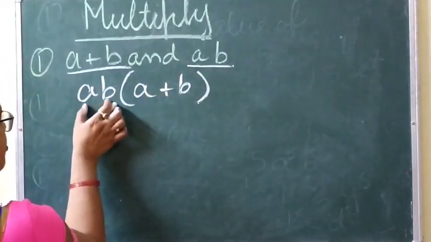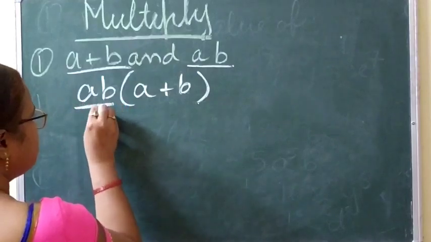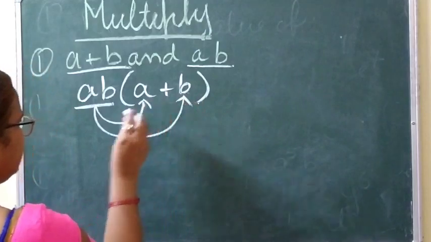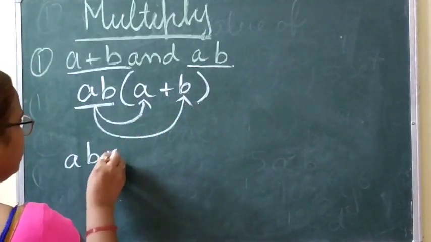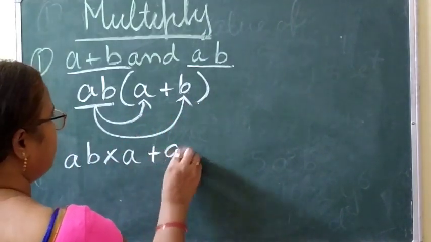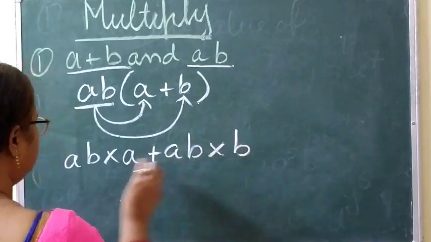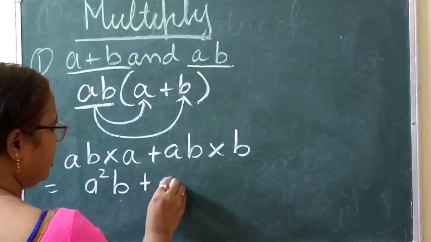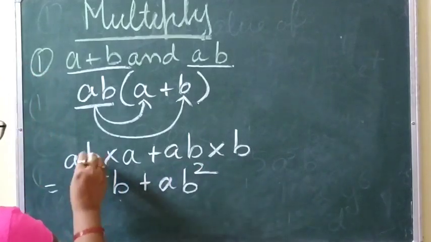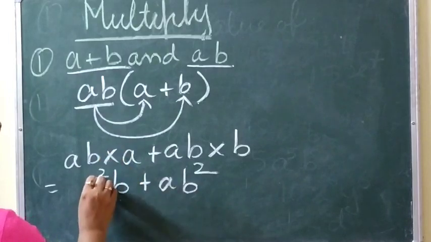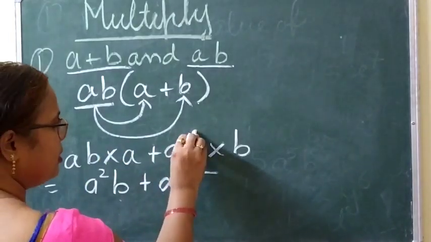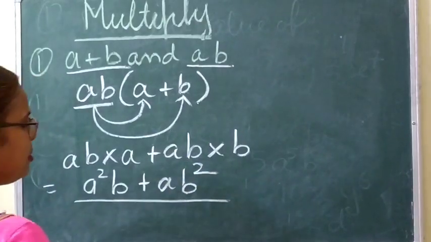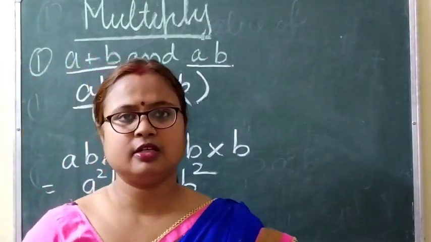Then this ab we will multiply first with a, and then we will multiply this with b. So ab into a plus ab into b. It will be a square b plus a b square. Because here the power is 1, so 1 plus 1, 2. Again here the power of b is 1, here also 1, so 1 plus 1, 2. So the answer will be a square b plus a b square.